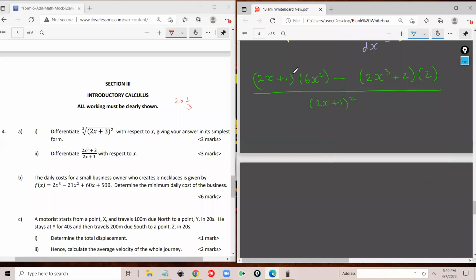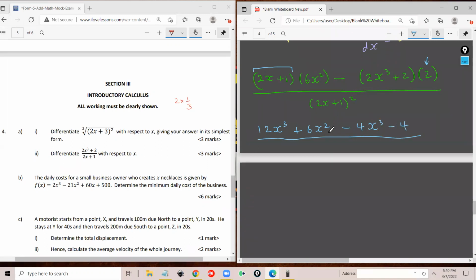Right? Multiply everybody inside here by 6x squared. So 2x by 6x squared is 12x cubed plus 6x squared. And then now we have a minus sign here and it has a 2. So everybody gets multiplied by 2 and also a minus sign. Right?